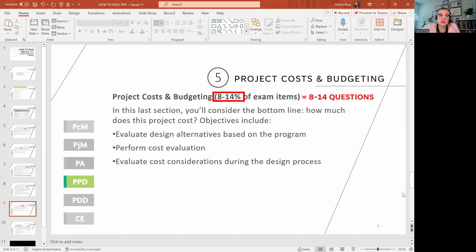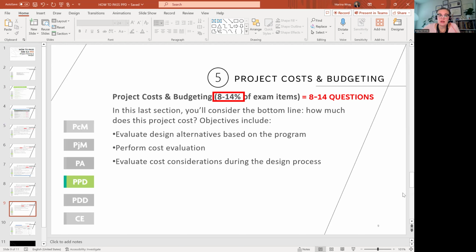The third objective is to evaluate cost considerations during the design process. What this means is you need to allocate your resources smartly. As an architect, you'll plan everything, you'll schedule your team, and you see how much money is left on this design phase, for example, and if you do not have any money left, you need to request more money to finish this before you move to the next phase.